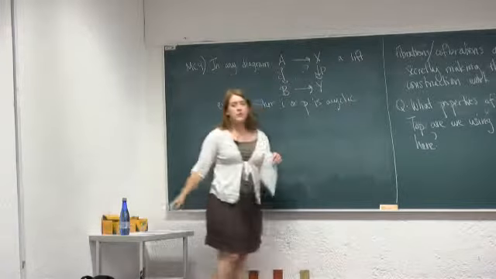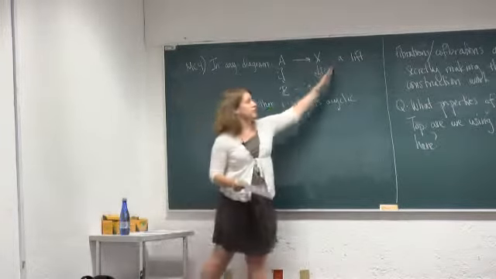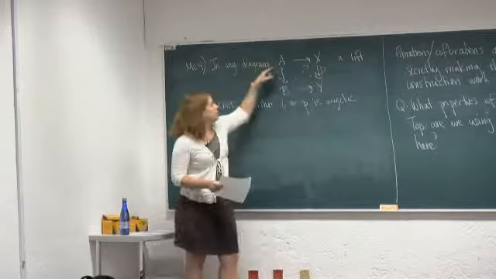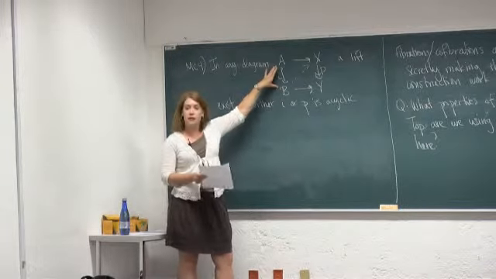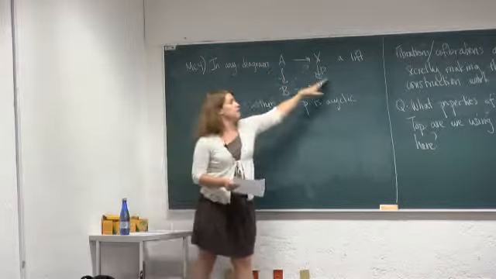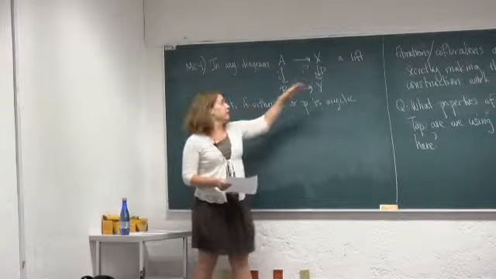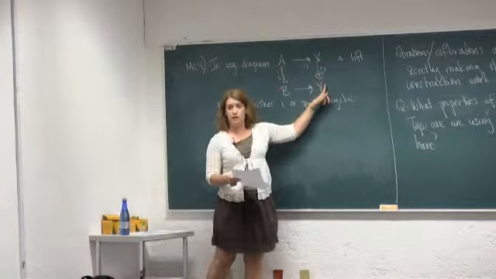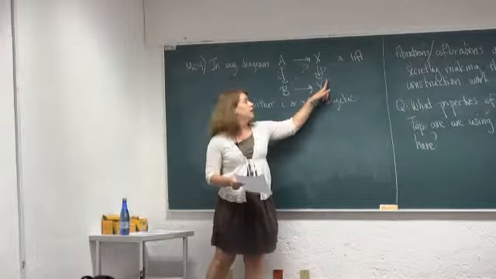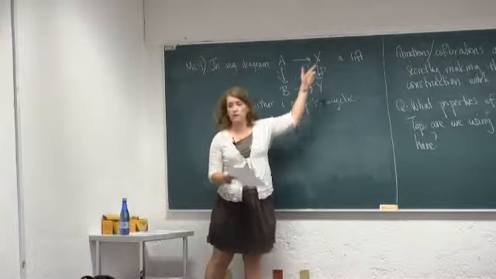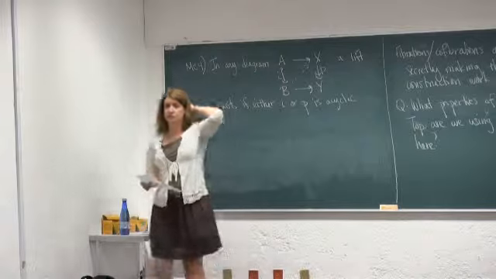So it's not going to be enough just to have a cofibration on the left and a fibration on the right. But if this is a cofibration and a weak equivalence, and this is a fibration, then I'm going to have a lift. Or if this is just a cofibration, but this is a fibration and a weak equivalence, then I'm going to have a lift.